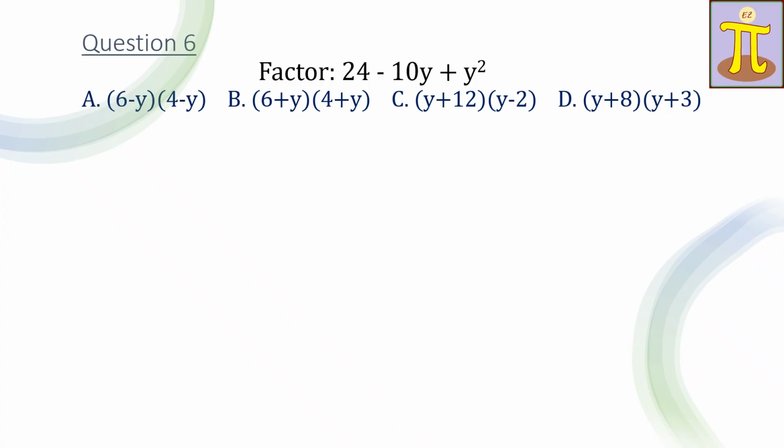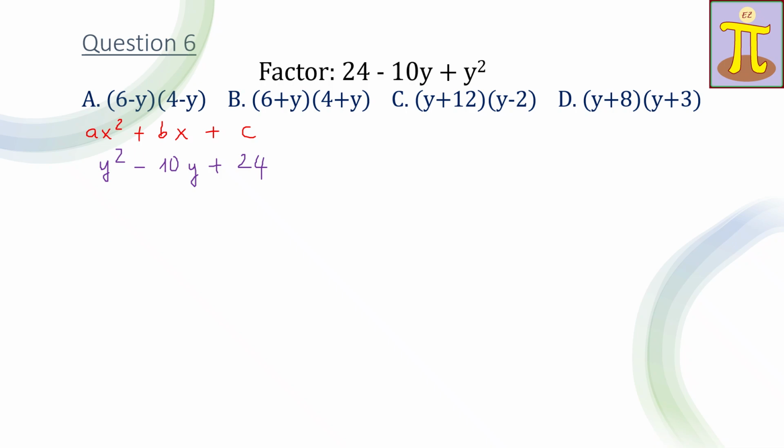Question 6, factor 24 minus 10y plus y squared. I will write this again in order as y squared minus 10y plus 24. As we know, we have a form of ax squared plus bx plus c.